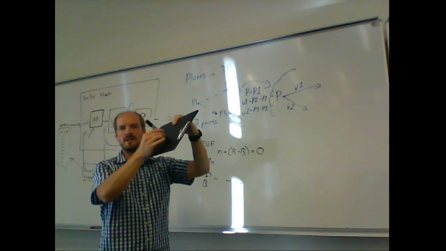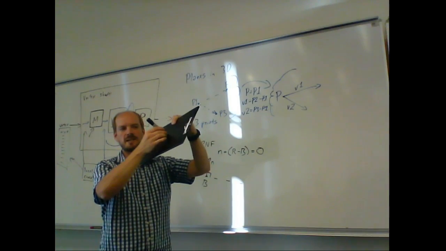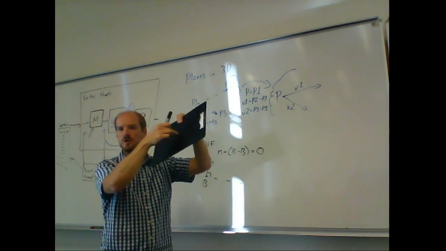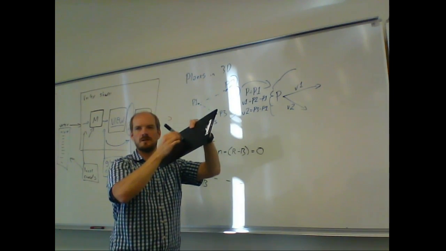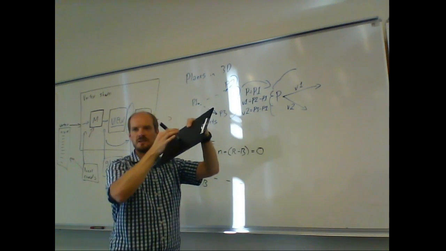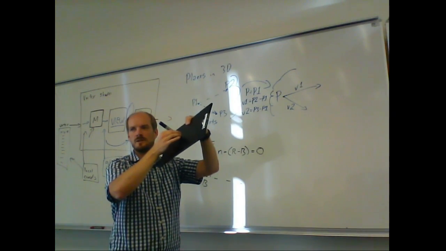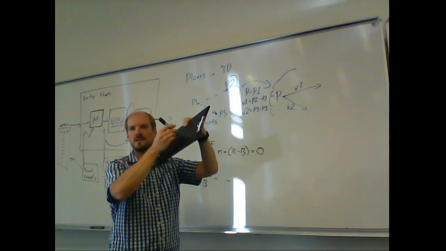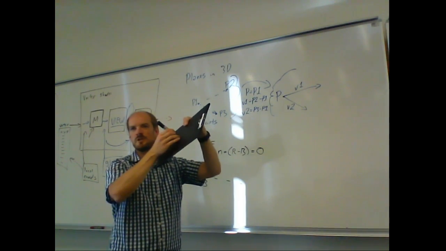Can I now say any point that is actually in this plane, if I take a vector from the point that I chose to that point, and I take the dot product between these two vectors, that if it's 0, then the point is actually on this plane?